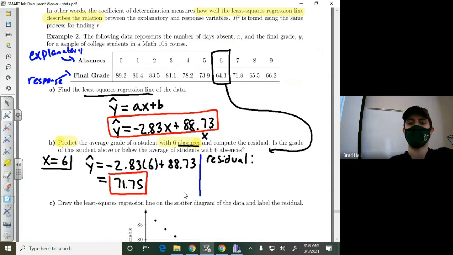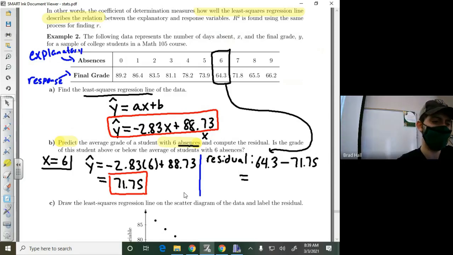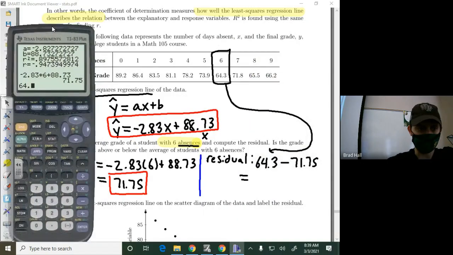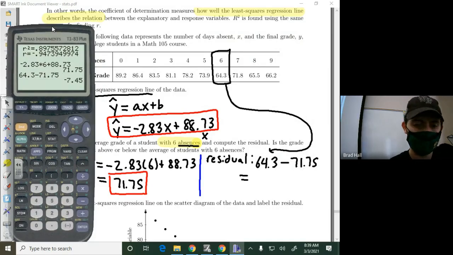So whenever there were 6 absences, the observed value from our data was 64.3. So the residual is the observed minus the predicted, which is 71.75. So 64.3 minus 71.75, and that is the residual. That is negative 7.45. So that is the residual.